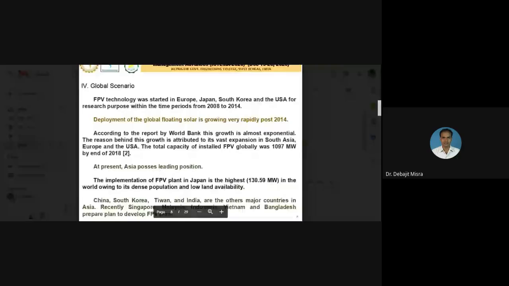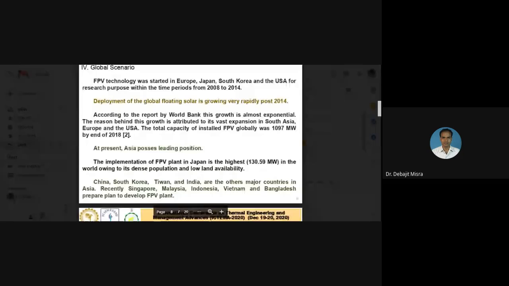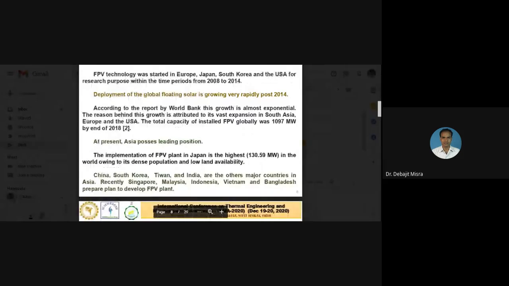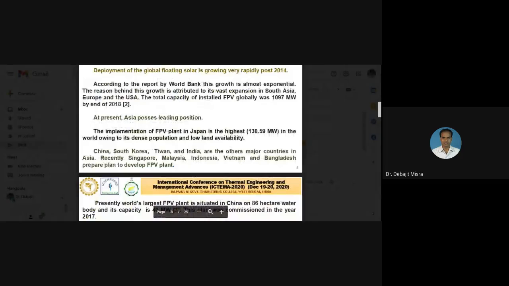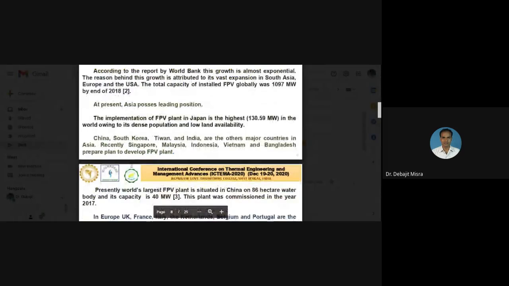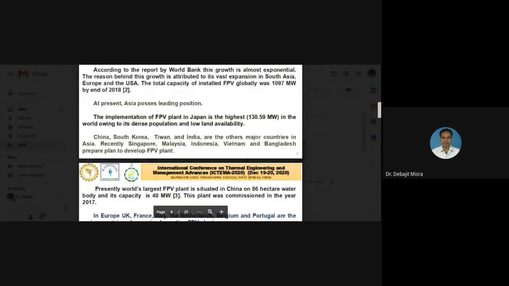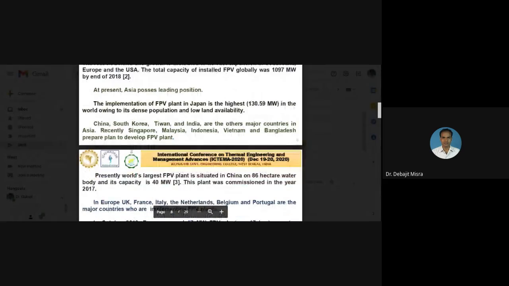According to the World Bank report 2018, global floating PV plant capacity is 1097 megawatt, and Asia holds the leading position, and China is the leader. Other countries, South Korea, Taiwan, India, are recently employing floating solar plants.